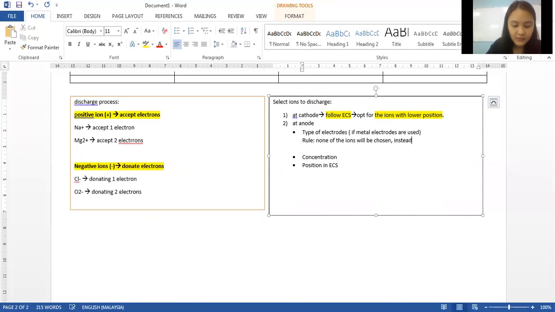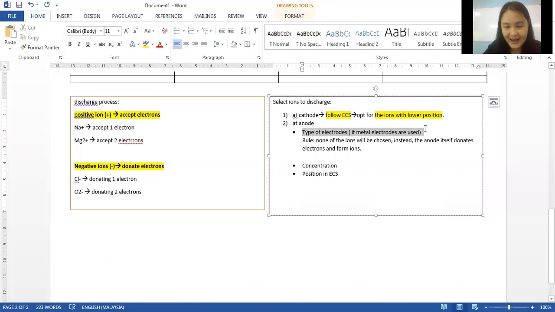Instead, the anode itself donates electrons and forms ions. So this is the rule. If you have picked type of electrode as your factor, you do not choose any ions. The anode itself will donate electrons. So the anode itself wants to take part in the electrolysis process.